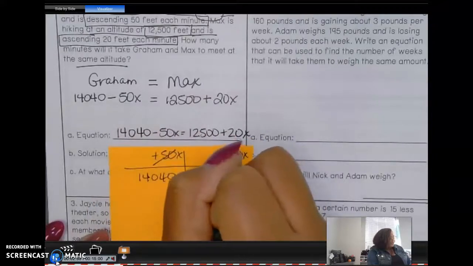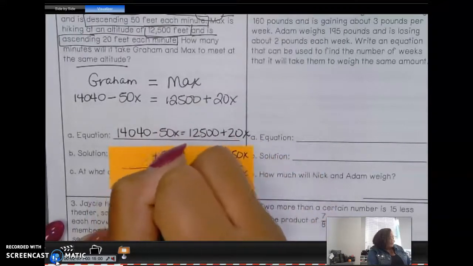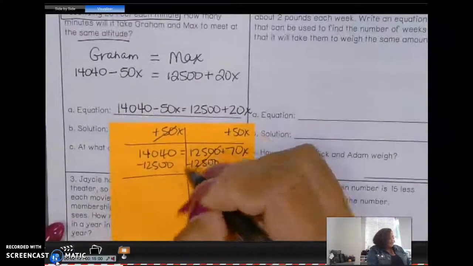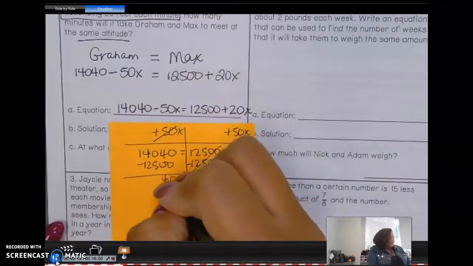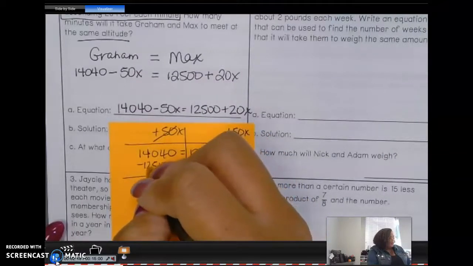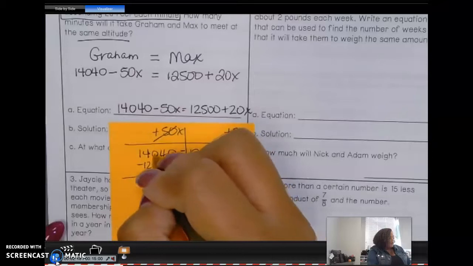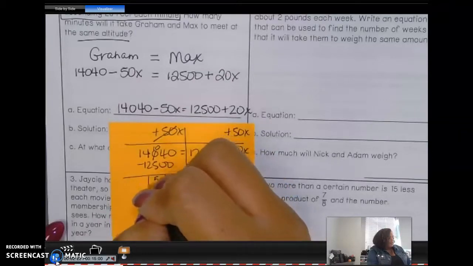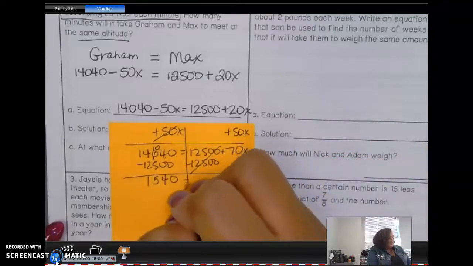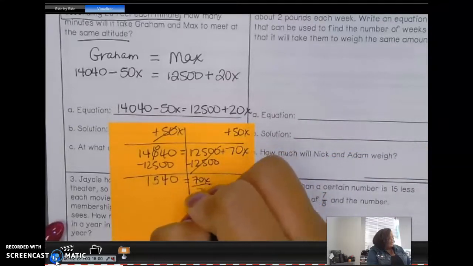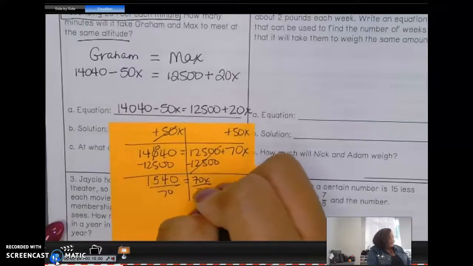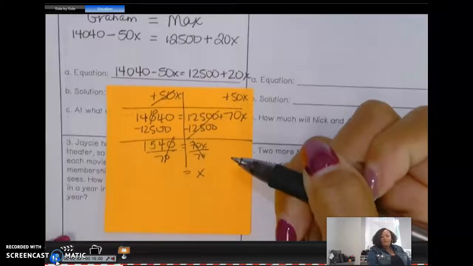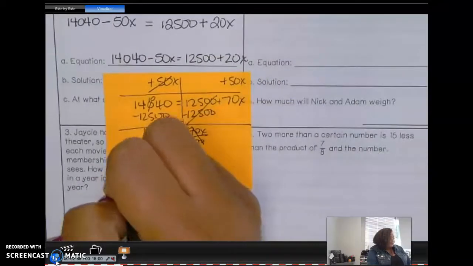And then I'll subtract 12,500 from each side. These will cancel out. This becomes 1,540 equals 70x, divided by 70, I'm sorry. X is, cross out the zeros, 154 divided by 7.